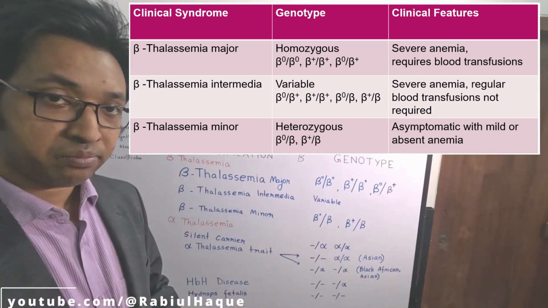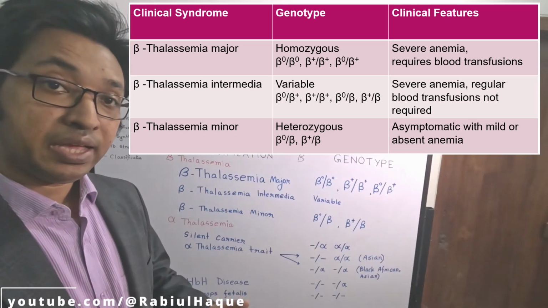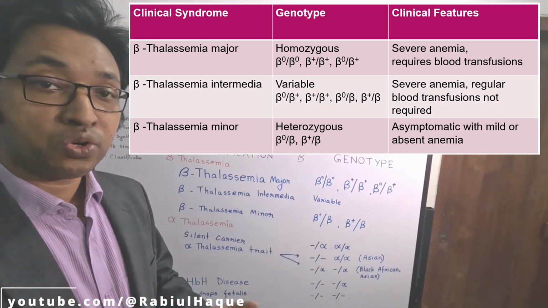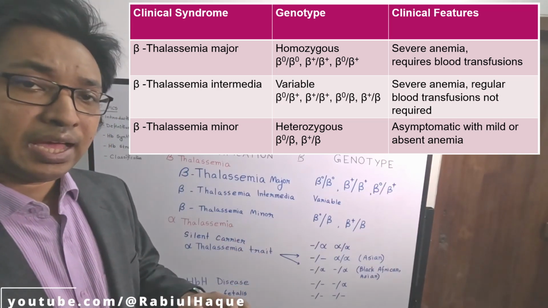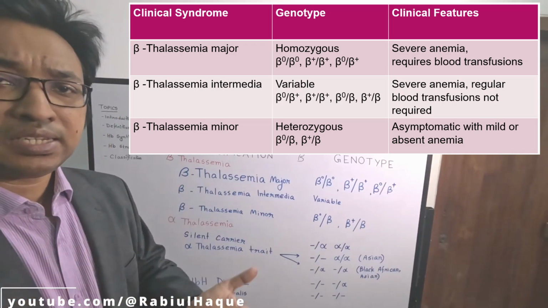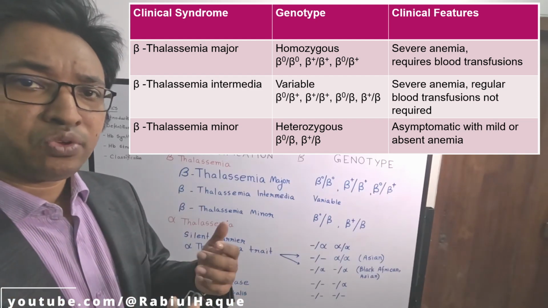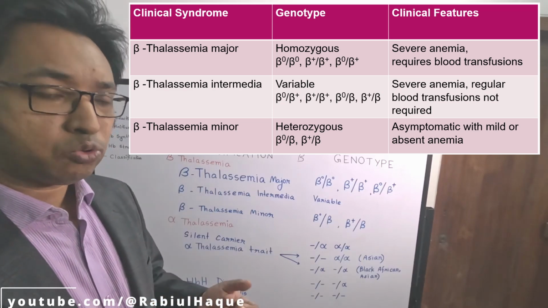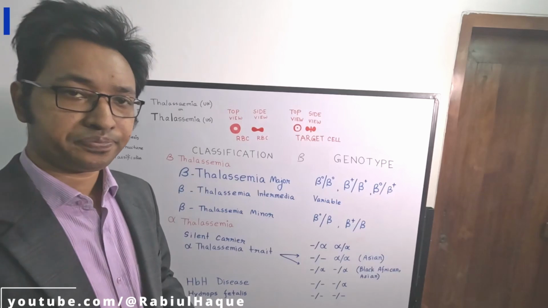For example, there may be alpha thalassemia as well, or there may be excessive production of alpha globin chain due to gene duplication, and these things will complicate the matter, and that's why the genotype will be variable, and so will be the outcome in case of beta-thalassemia intermedia.